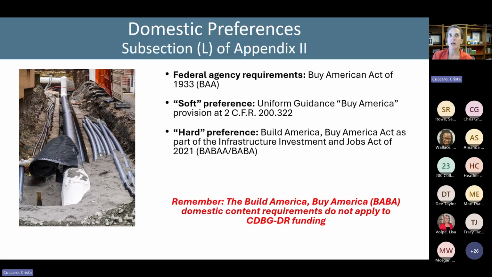One of the only things you need to know about that contract clause that is an actual requirement is that you have to include the contract clause in your contracts. You've got to include this contract clause that we find in 2 CFR 200.322 in your contracts, all right? So that's what you need to know about domestic preferences.